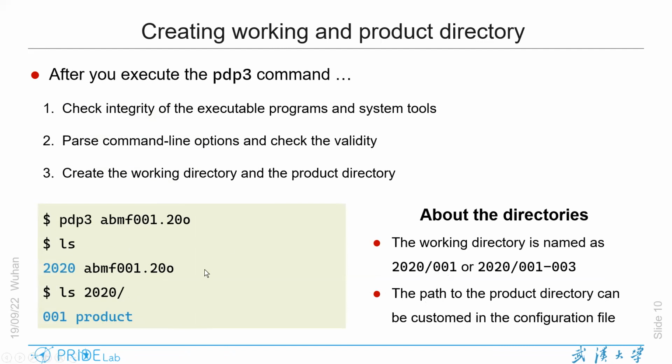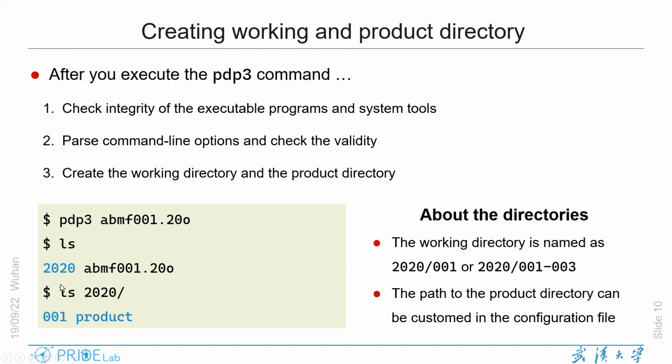First, let's look at the green box in the lower left and take the commands as an example. After you execute the PTP3 command to process the observation file, the PTP3 script will do the parsing and the checking work, then create the necessary directories. There will be a new folder shown immediately in the directory where you execute this command.